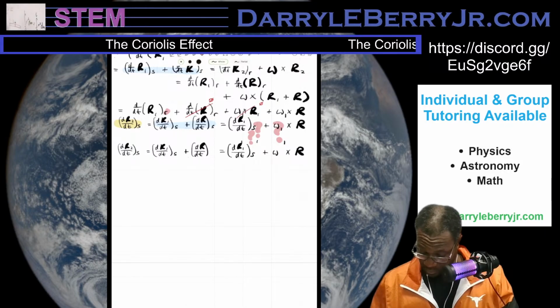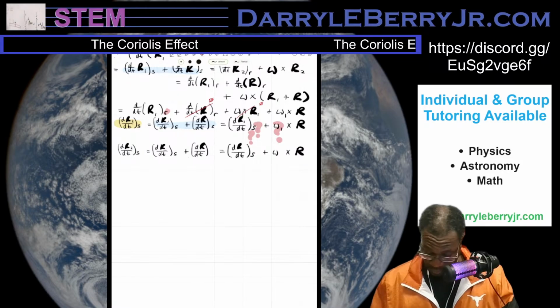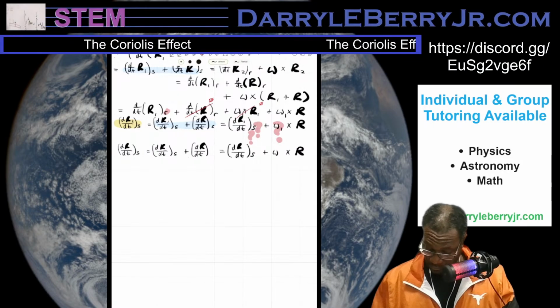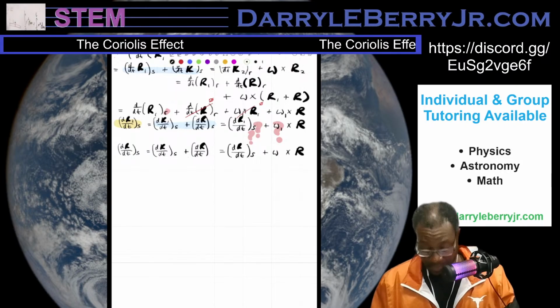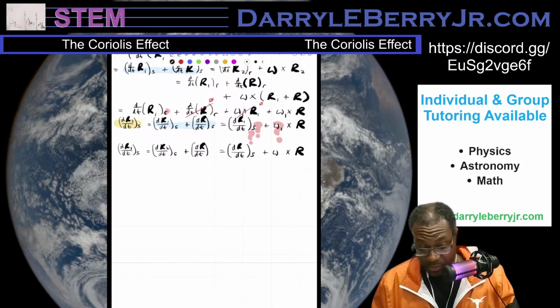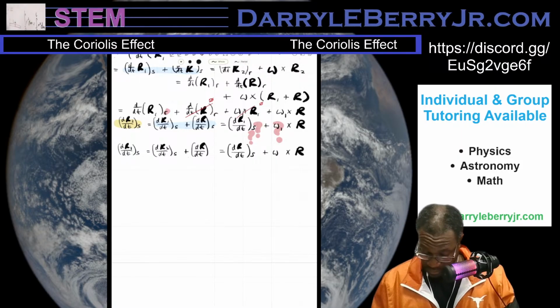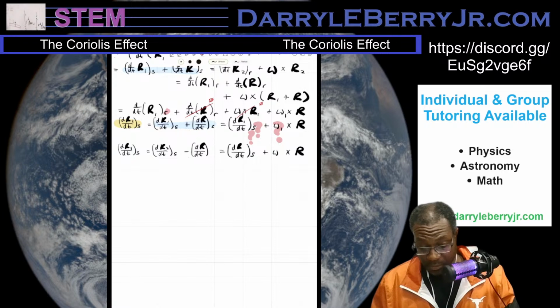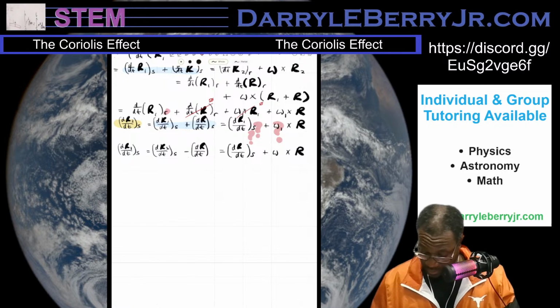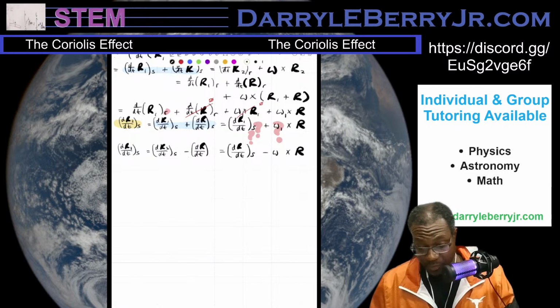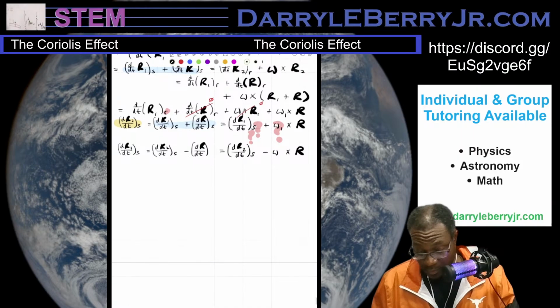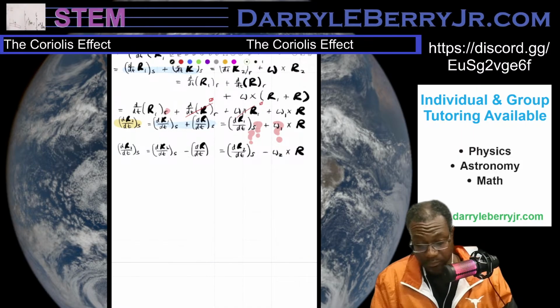So we have to swap all the numbers. Make this 1, make this 2, make this minus, make this minus, make this 2, and make this 2.